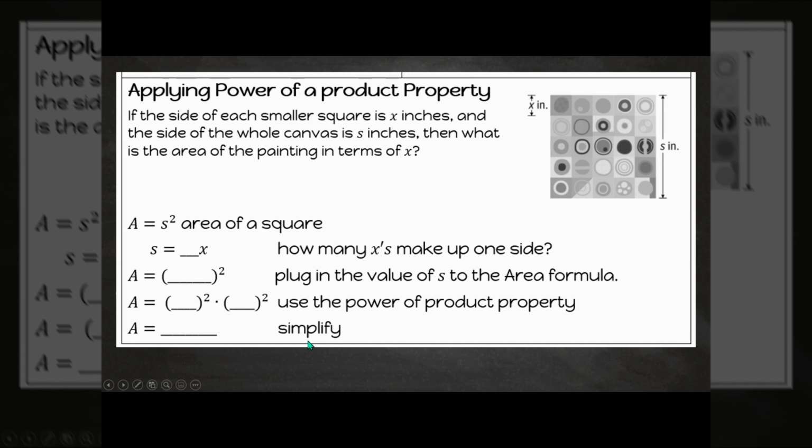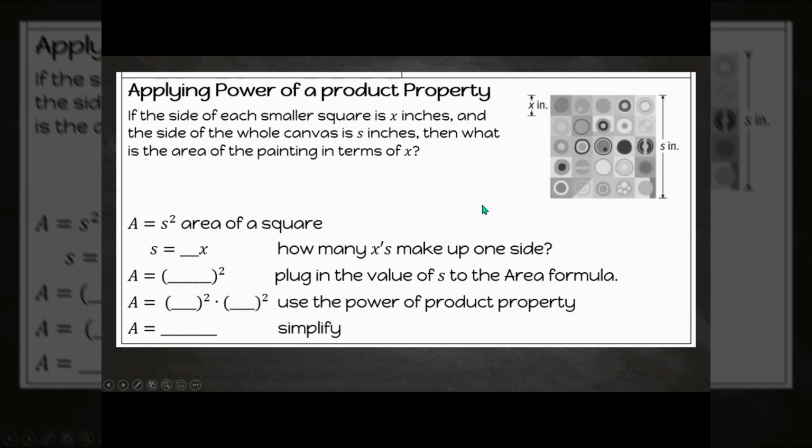And then finally, we have applying the product property. So if the side of each smaller square is x inches and the side of the whole canvas is s inches, okay, so this small square, the side is x, and the side of the large square of this canvas is s.